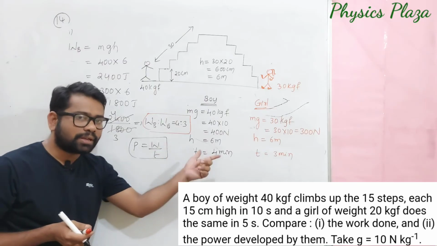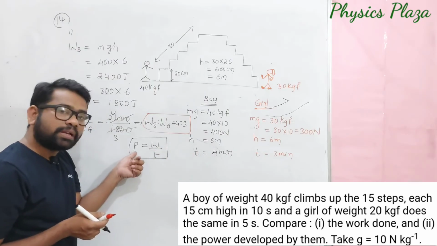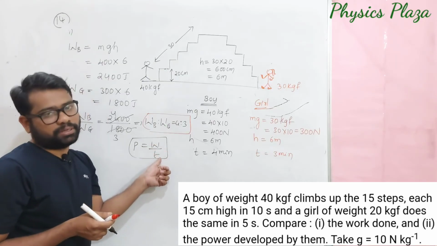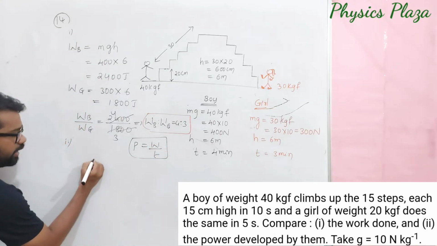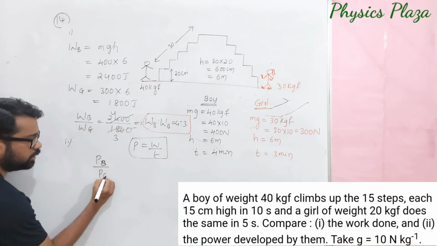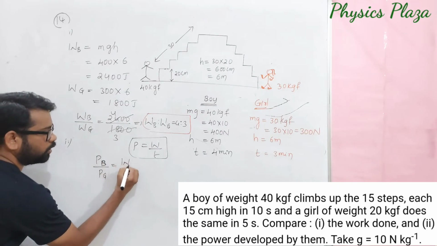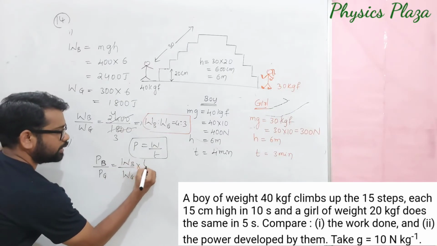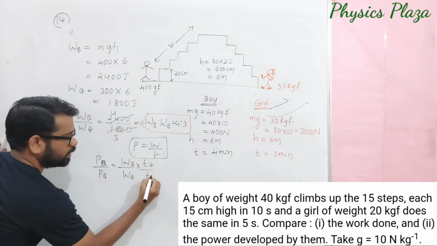Power spent by the girl is equal to work done by the girl by time taken by the girl. So we can write: power spent by boy by power spent by girl is equal to work done by boy by work done by girl into time taken by girl by time taken by boy.